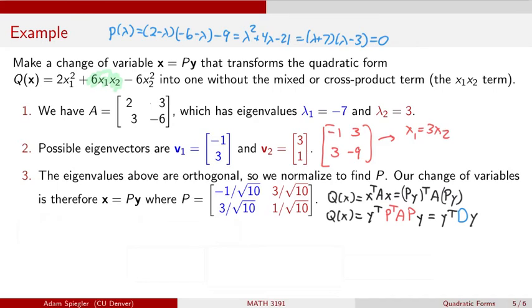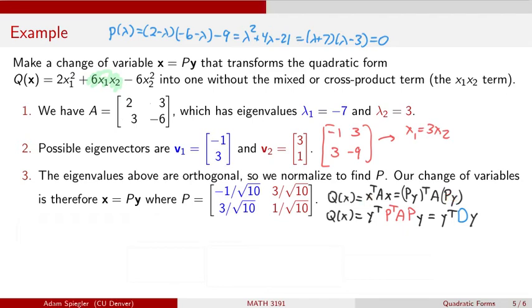Let's just recall how this is going to give us a diagonal matrix D to represent the same quadratic form. If I replace x with P of y, where P is this orthogonal matrix that we've chosen, then x transpose A x is equal to (Py) transpose A times Py.